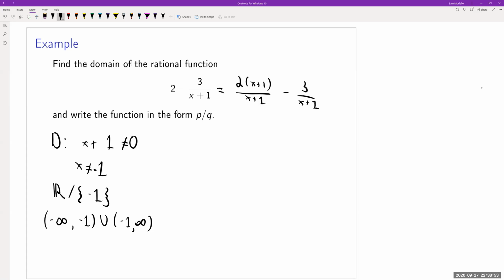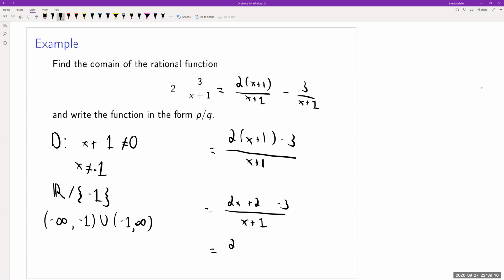Then I can combine these into one fraction, distribute, and then simplify. Written out this way, we can see it's more neatly in the form of p of x over q of x. This can be helpful when we're trying to determine one or more different properties of such a function.